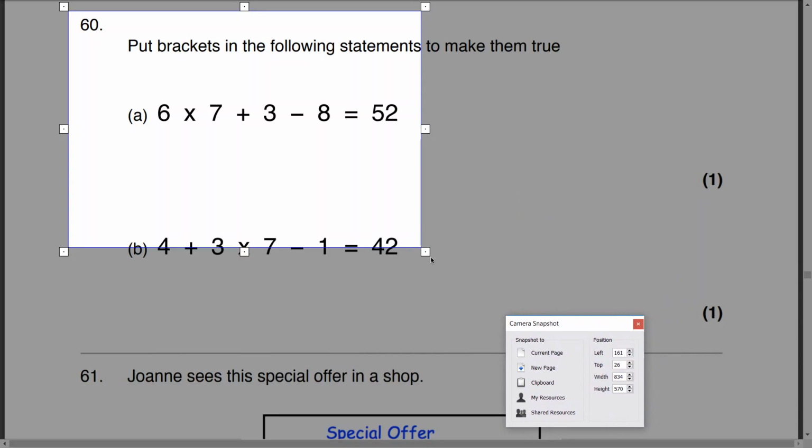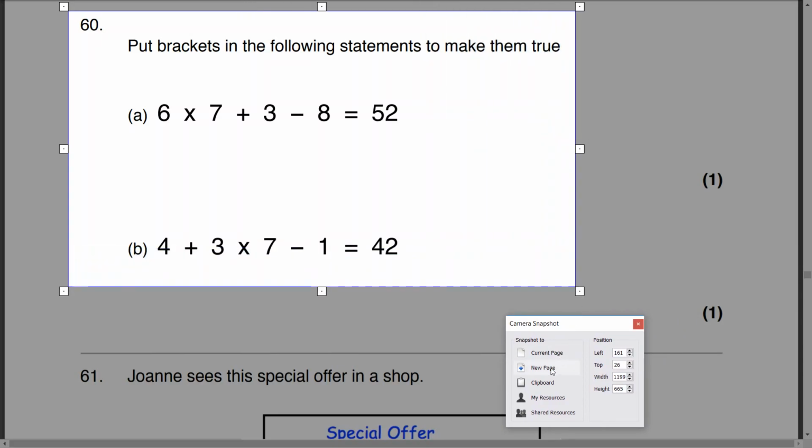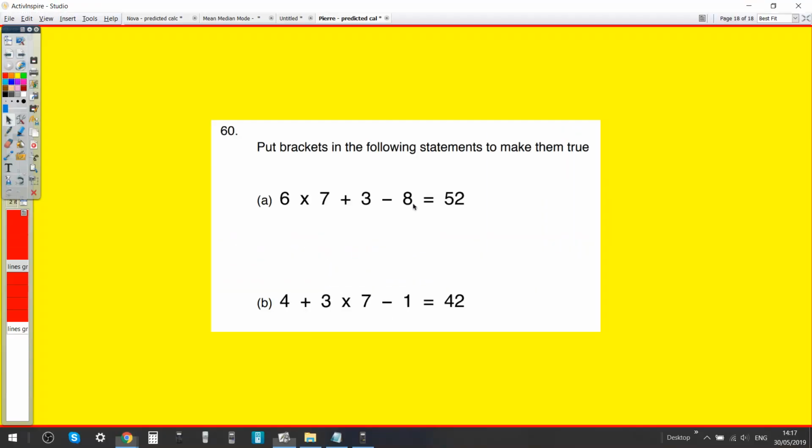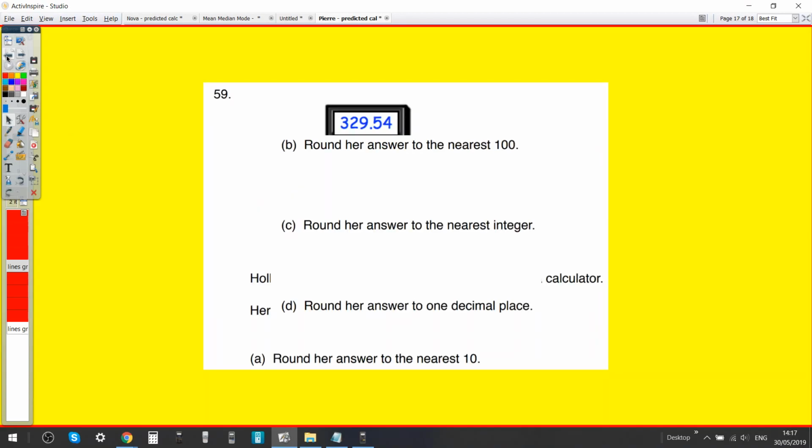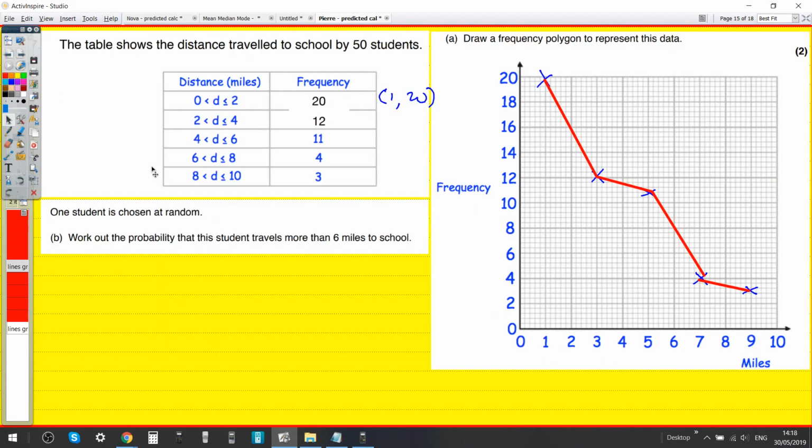Would it be 4 out of 50? Let's take a look. More than 6 miles to school. So how many? So more than 6 miles, it'd be 3 out of 50.